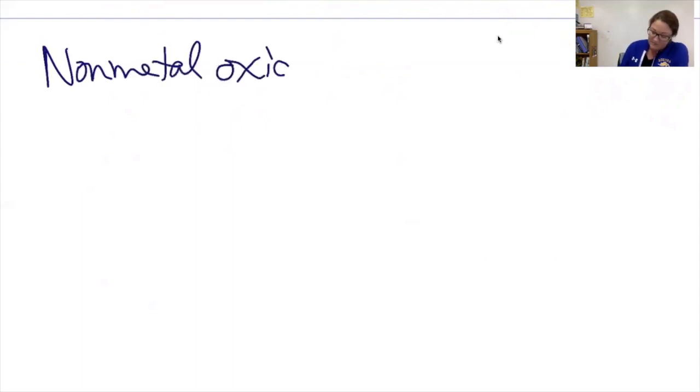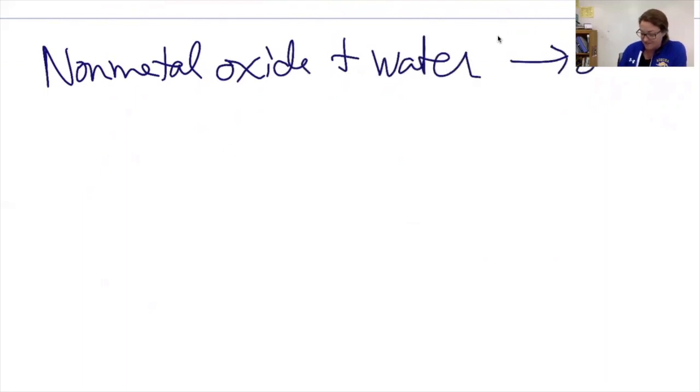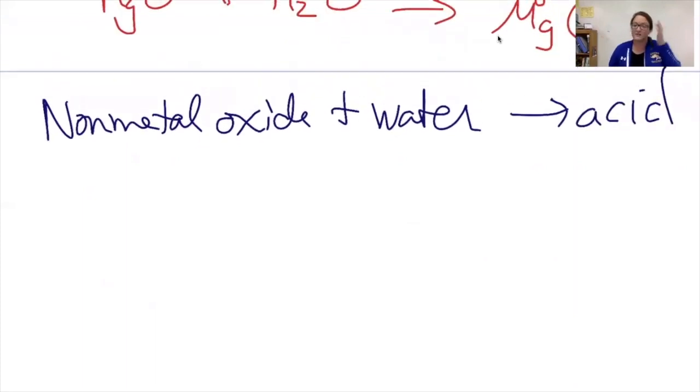If we do reactions with water for the non-metal oxides, non-metal oxide plus water is going to form an acid. The acid that forms can be hard for you to predict, especially at this stage of your career. So for example, let's say I have P4O6.